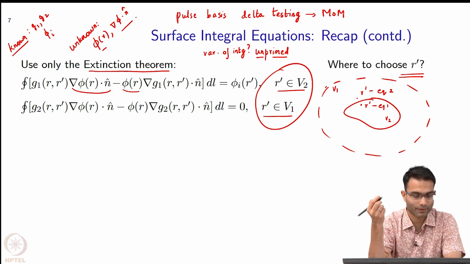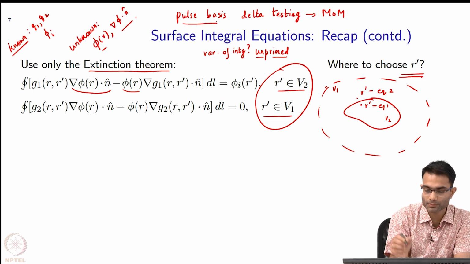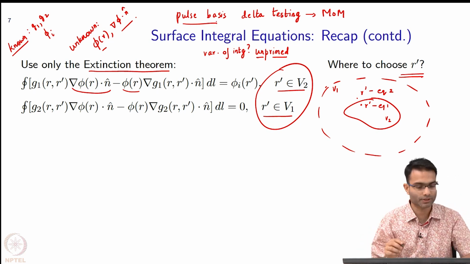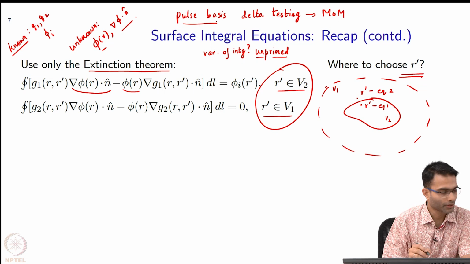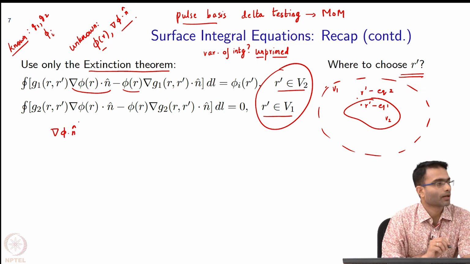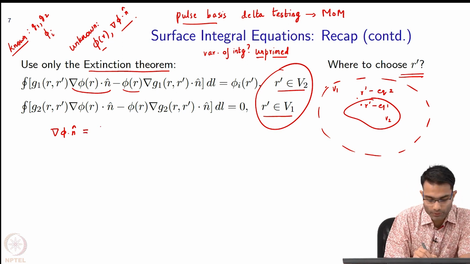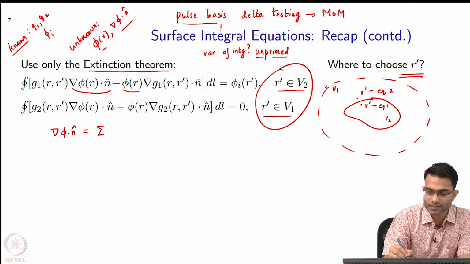Okay, let's take one step back. Let's start with the basis functions. We'll come to testing next. So my unknown functions are phi and grad phi dot n hat. For grad phi dot n hat, this is now my unknown function, which I will write in terms of a known basis. Let me call the pulse basis P n of r.